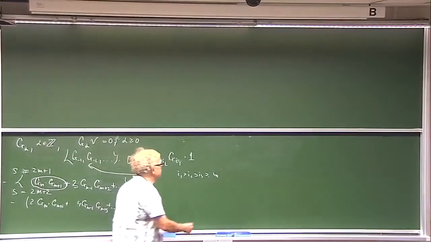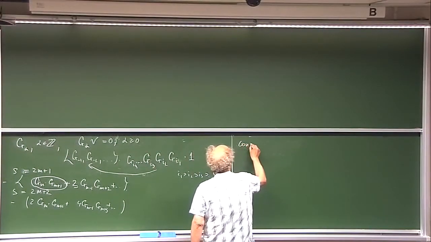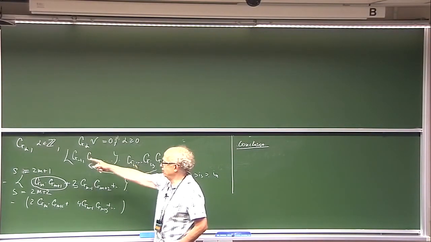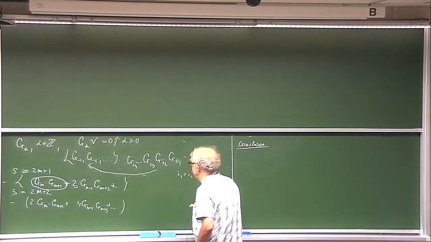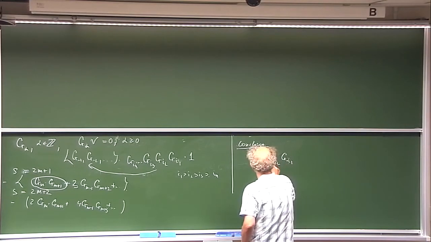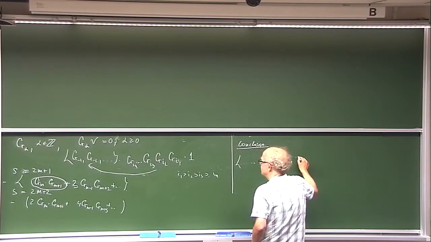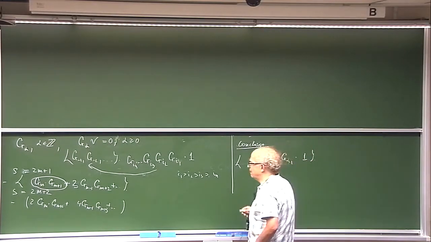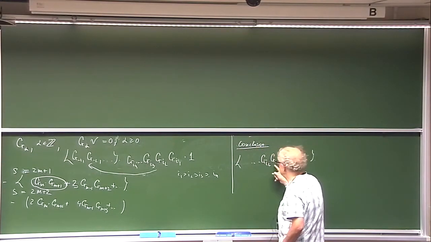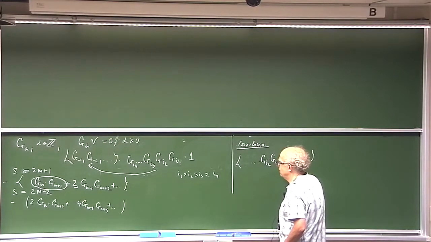Therefore, from the relation we have the conclusion that if I consider the representation which I am talking about here, then in this representation the elements G_i1, G_i2, G_i3, and so on, times the vacuum vector, span the space, where these indices are negative numbers, and this is the biggest, this is smaller, smaller, smaller.